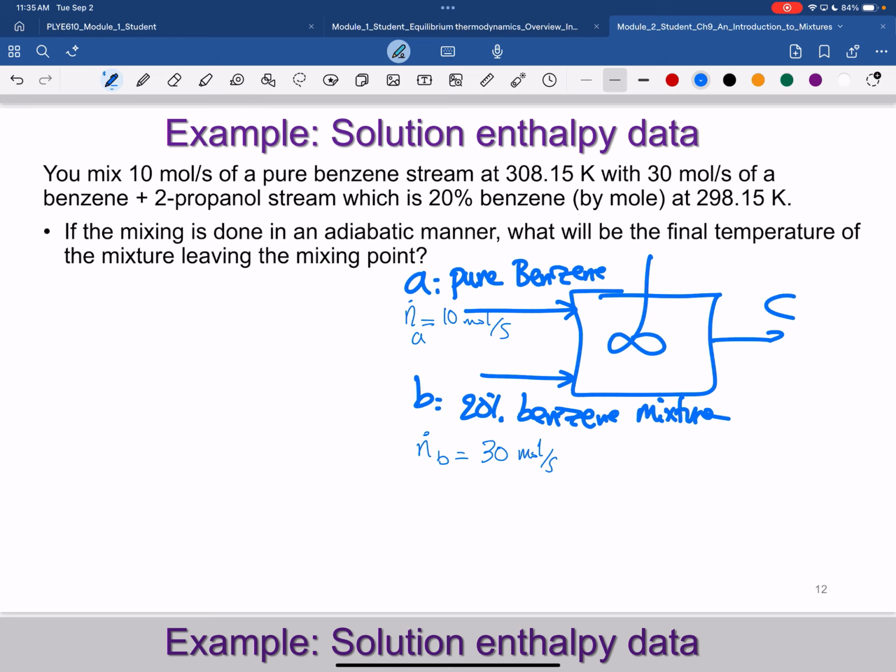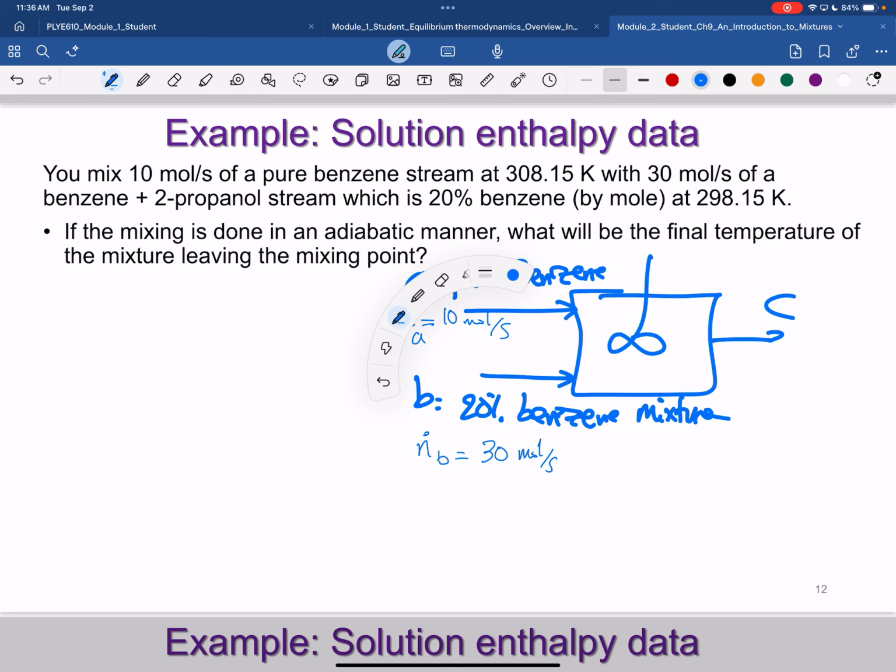Okay, that's our goal, to find the temperature T of this outlet stream that we have. So where do you start? What are the tools in your toolbox here? You know the conservation of mass.